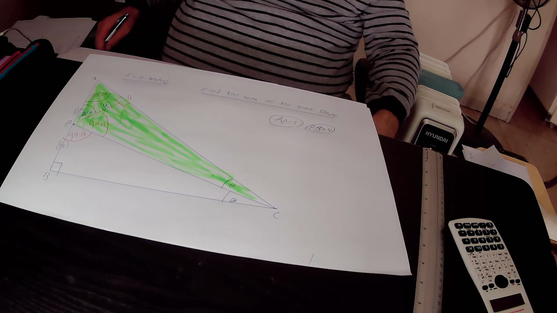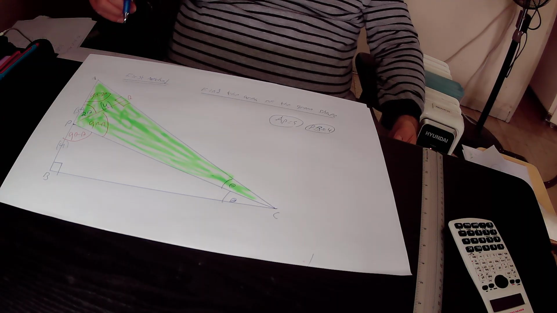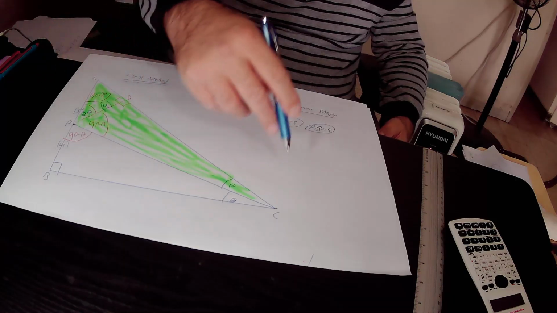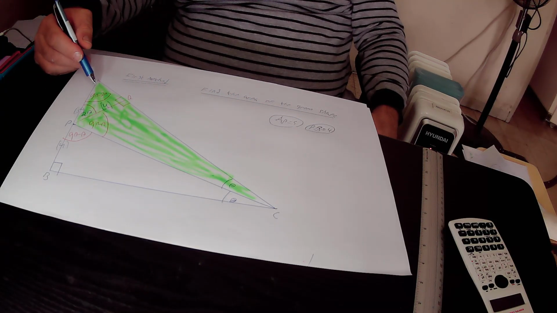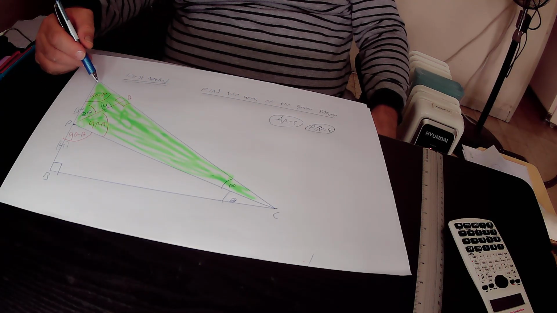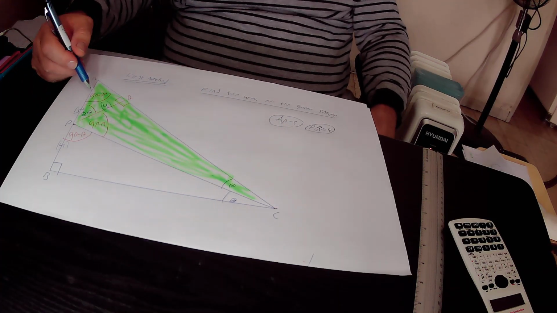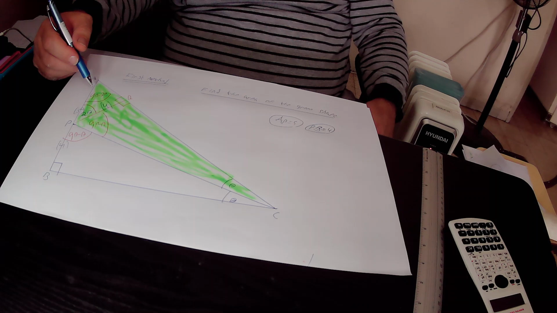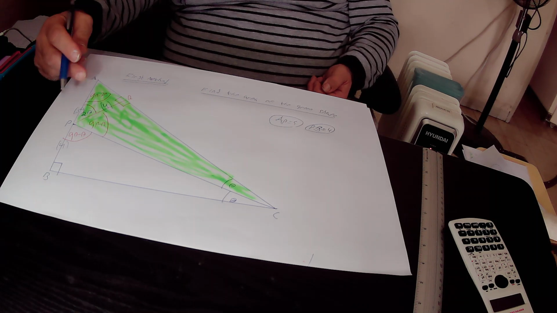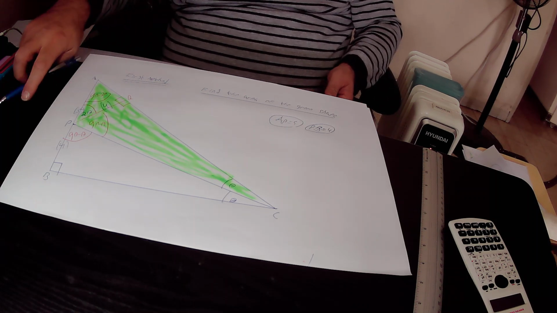It is very easy to see that the big triangle ABC is similar to this small green triangle APQ. Why are those two triangles similar to each other?